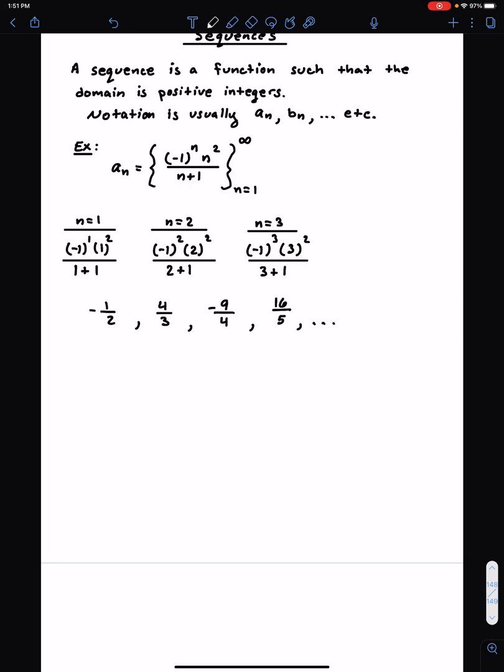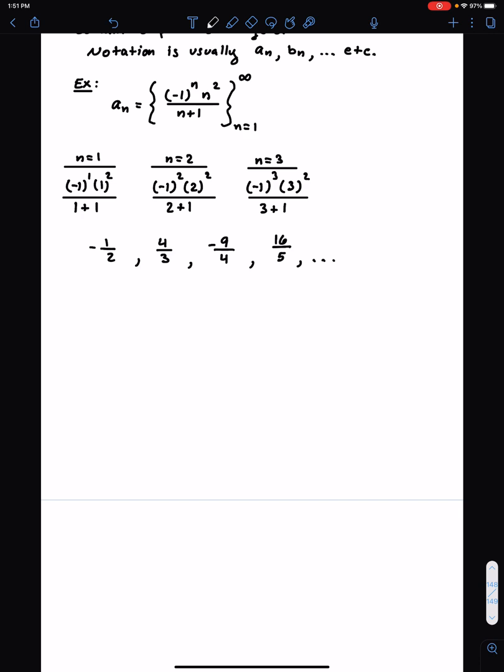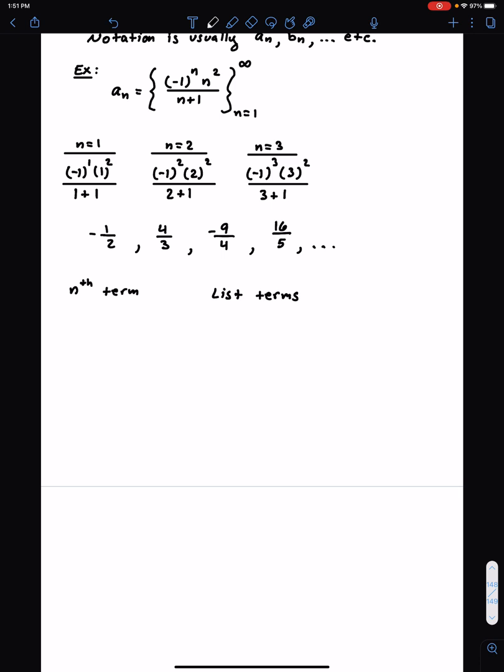A recursive sequence is a sequence that defines terms as a function of previous terms. So if I make a few columns, one for the nth term, I'm going to list some terms, and then the recursive definition.